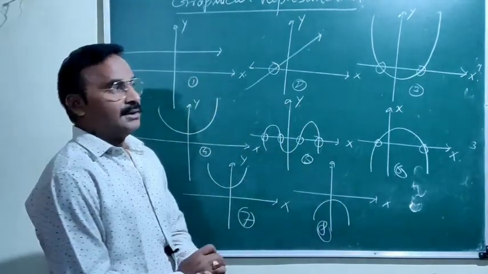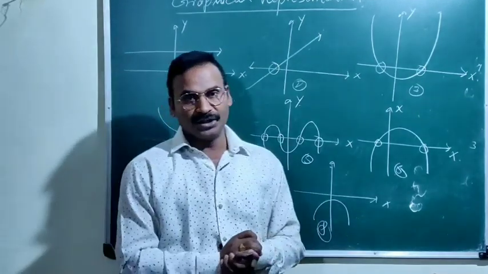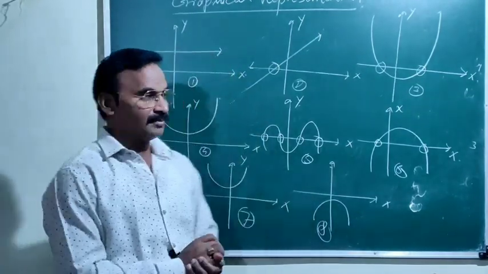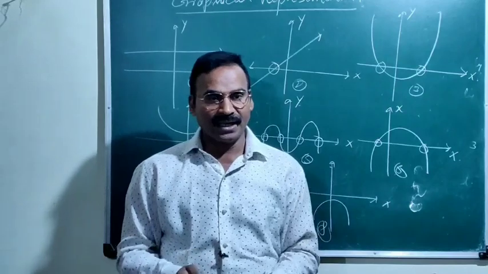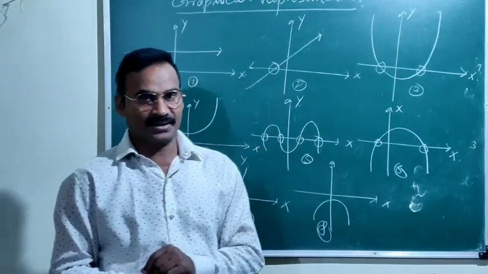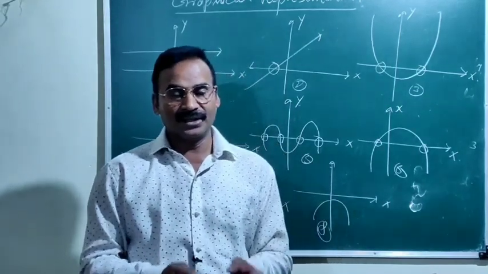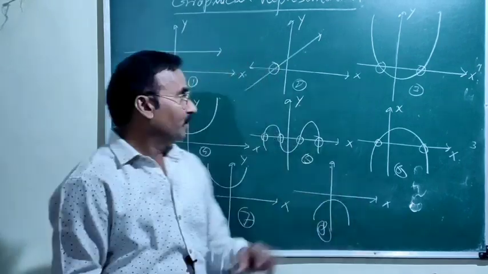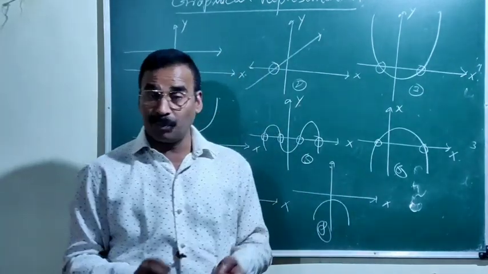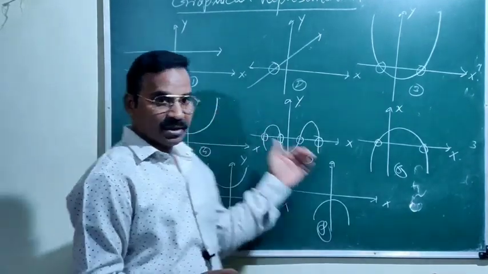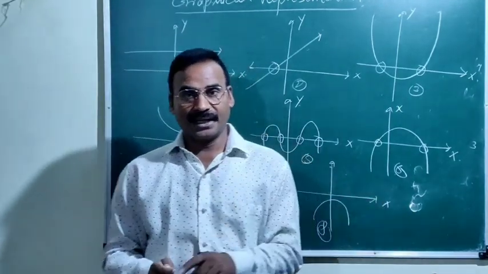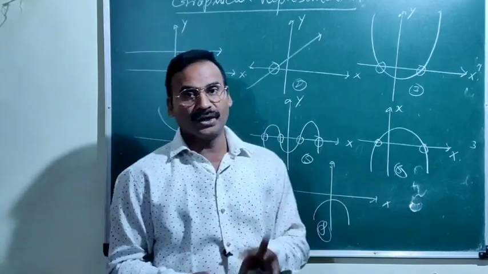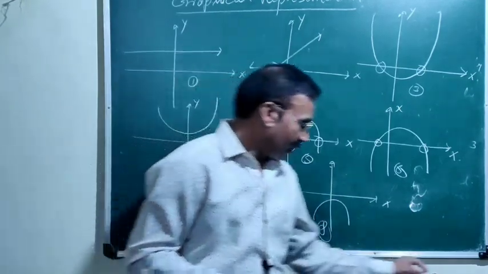So the main principle of the zeros regarding the curve: if the curve or straight line intersects the x-axis, then there is a condition for the zeros. If there is no intersecting point of the curve and straight line, there will be no zeros.